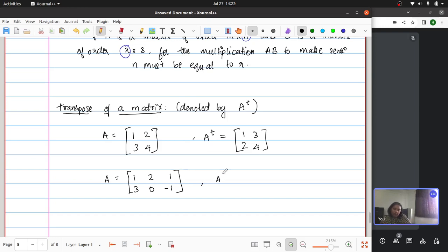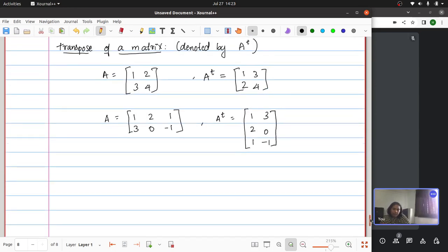So, here A transpose would be, so if you have the first row is becoming the first column, second row is becoming second column. Let's look at one more example.